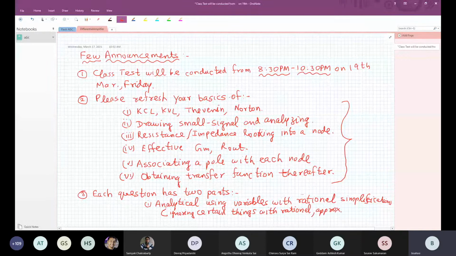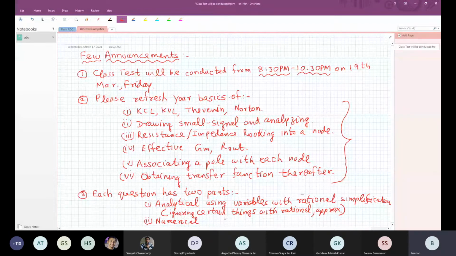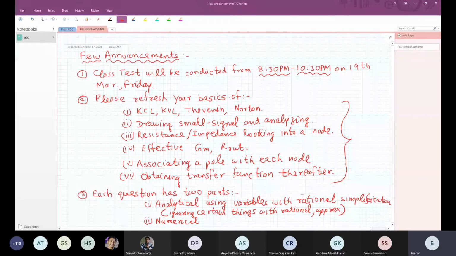And second, following the analytical, there will be numericals. Okay. So in the numericals, if you solve the analytical and your numericals are such that you have messed up the numbers, you have to explicitly write down the variables.